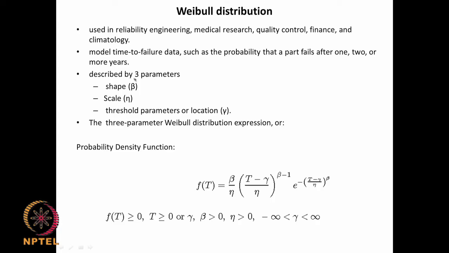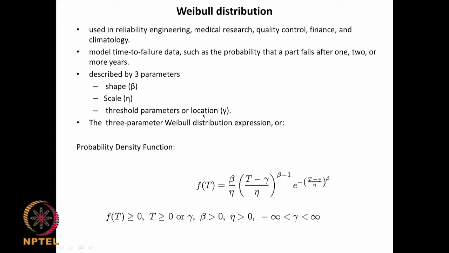It has 3 parameters: beta, which is called shape; scale, which is called eta, okay, and gamma, the threshold parameter or location. So, this is generally called a 3 parameter Weibull distribution, okay, shape, scale and threshold or location.